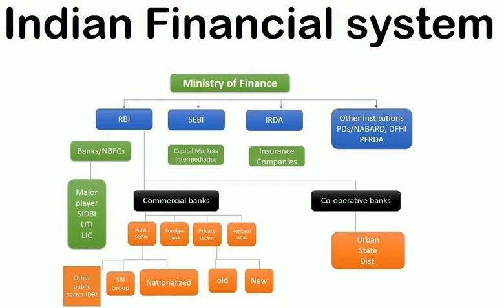If any financial transaction is more than 1 year, we can say it is a transaction of capital market. So money market is for short term transactions, and capital market is for long term transactions, whether it is for shares, debentures, bonds, etc., or any other instruments.